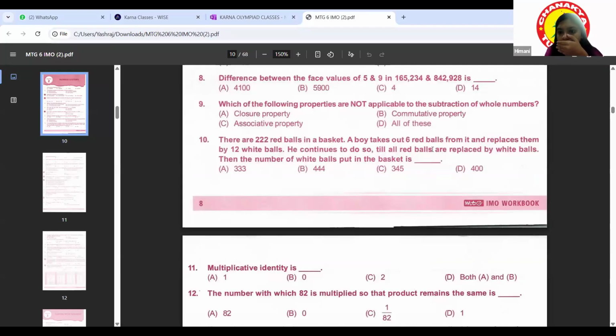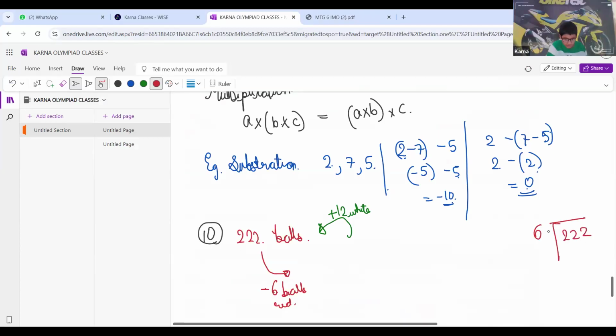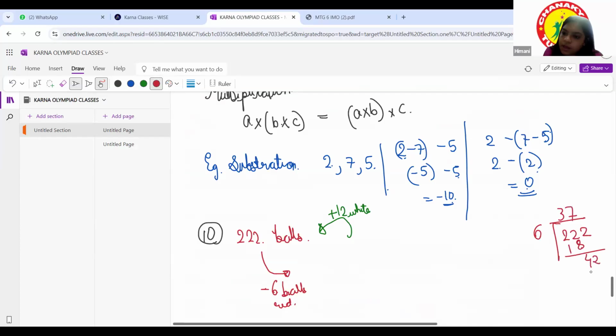He continues to do so till all the red balls are replaced by white balls. So basically we have to remove all the red balls. Now tell me, if you divide 222 by 6, what is coming? One minute, ma'am. Let me divide. Ma'am, the question is 222 by 6, right? Yeah.